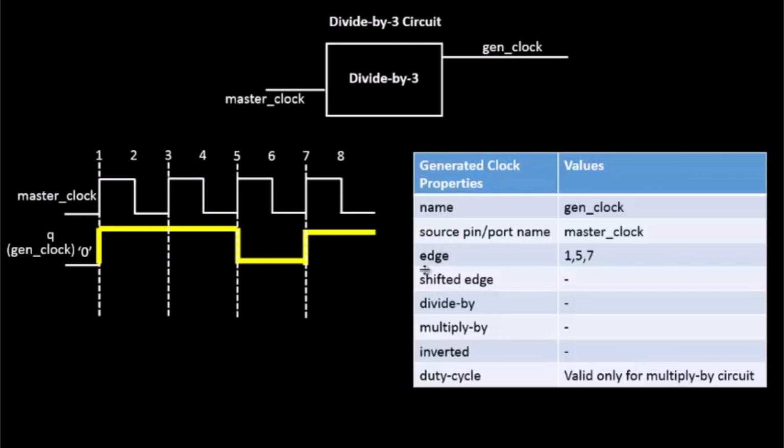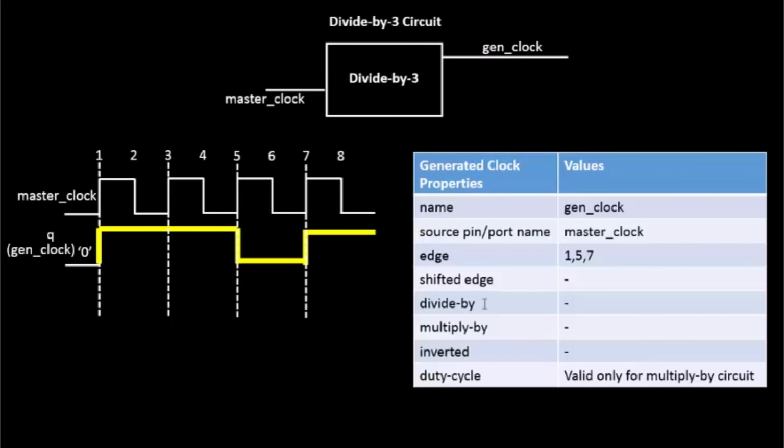Okay, so in this case, this can't be substituted by a divide by option, and the reason is this is not a 50% duty cycle. Had it been something like this, the switching at this particular clock period could have been defined by a binary division, by a divide by 2, but in this case it can't be.